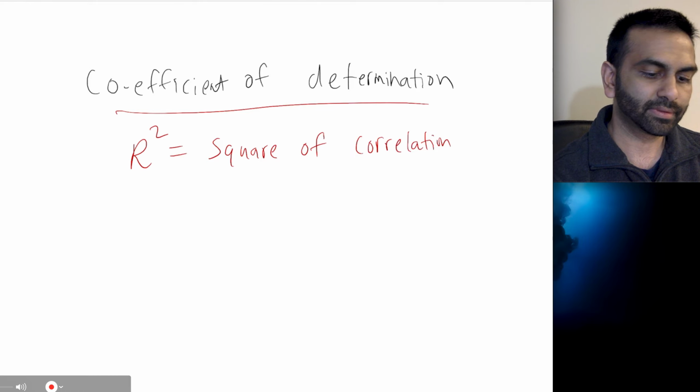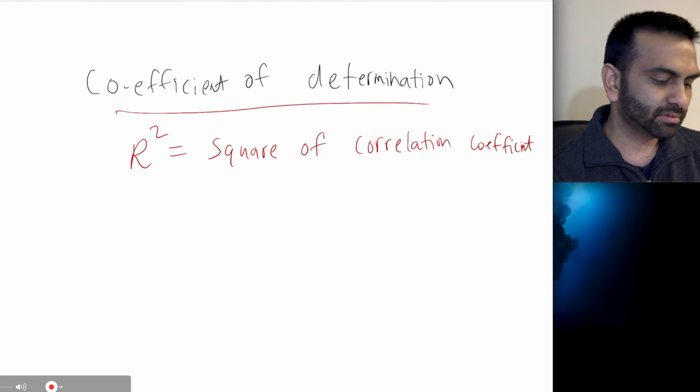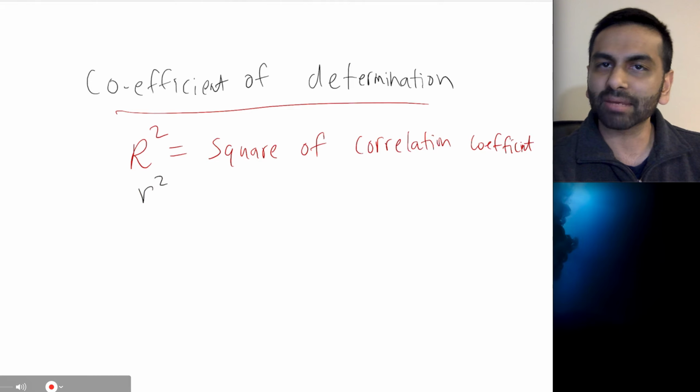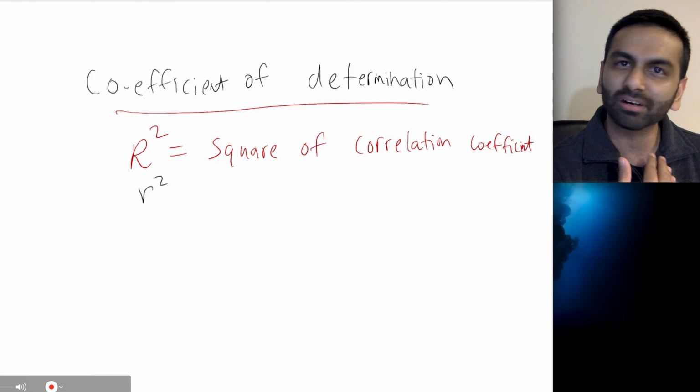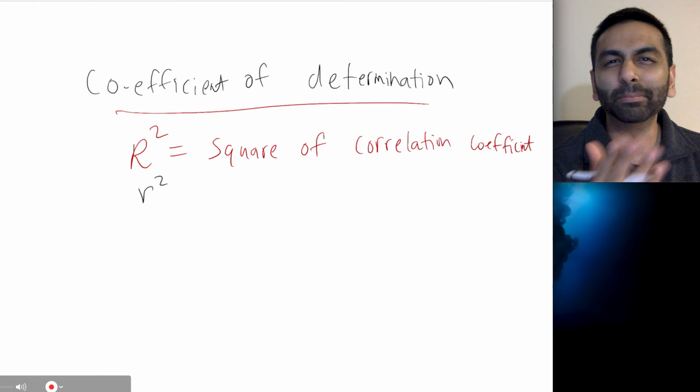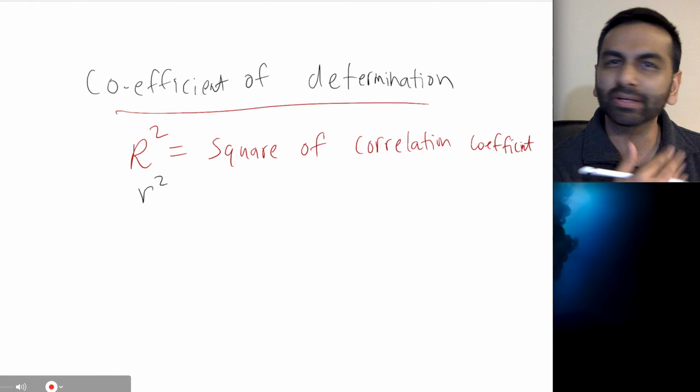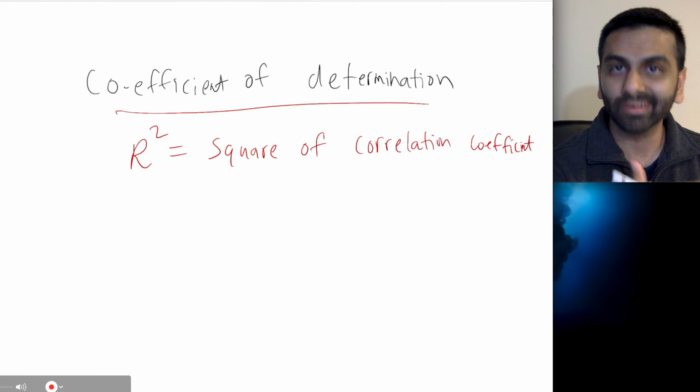Usually, most people report it as a capital R squared, but lowercase r squared still means the same thing, and correlation coefficient is usually a lowercase r everywhere. Different books might have different conventions, but for the most part, R is the correlation coefficient, lowercase or uppercase, and R squared is the coefficient of determination.